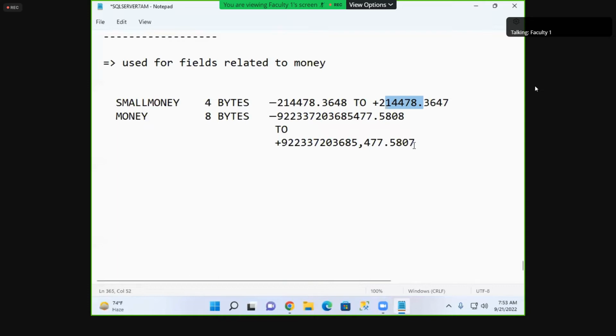If the value is within that amount, use smallmoney. Above that range, use the money type.